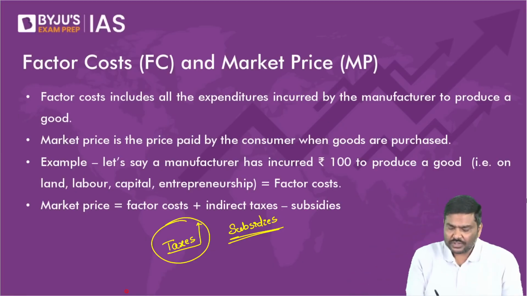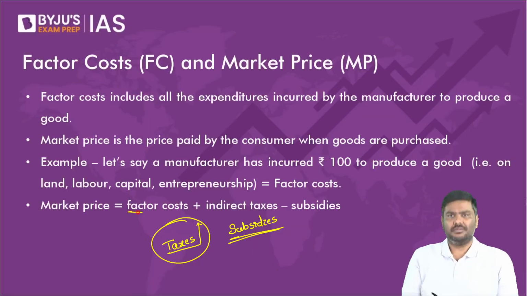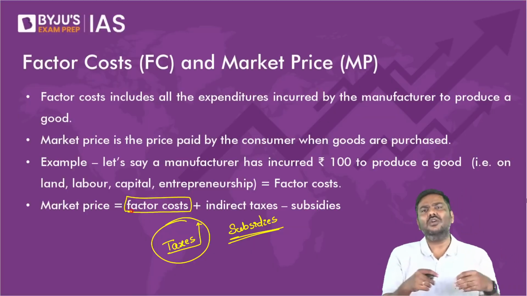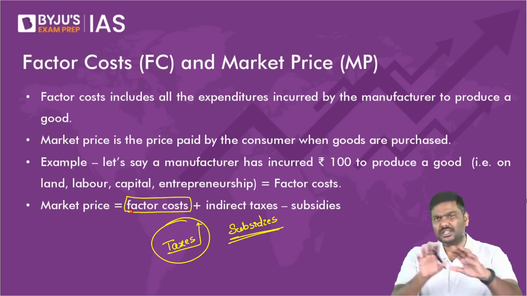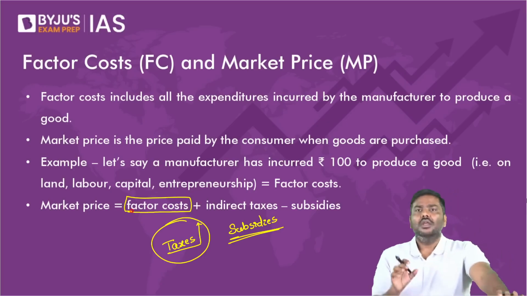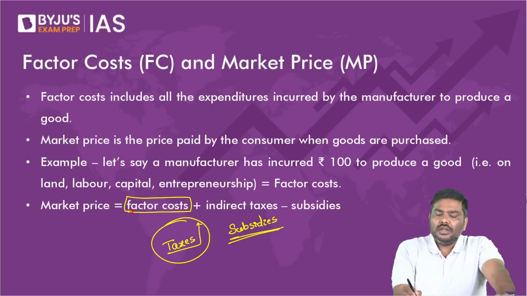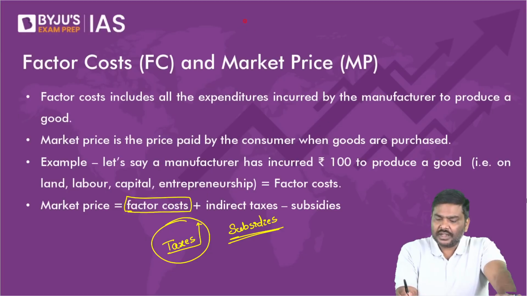Earlier, we used to simply consider the cost price, that is basically the sum total of factor cost. In fact, subsidies were also counted earlier. Now, what is this idea? A company will purchase the factors of production.